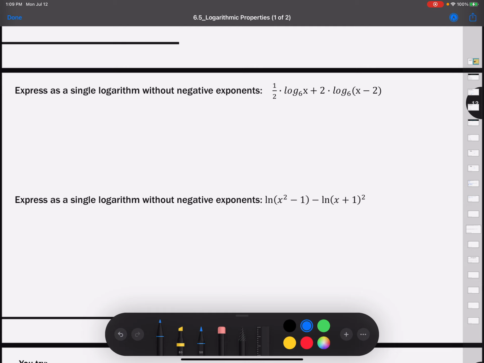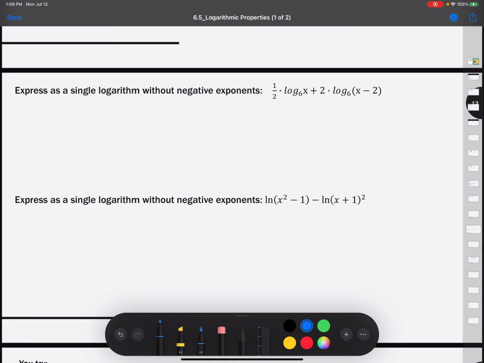Okay, so now we're going to express as a single logarithm without negative exponents. So all those properties, make sure you can go in either direction. Now notice that in this particular example, we have 1/2 as a factor here, and we have 2 terms because they're being added.